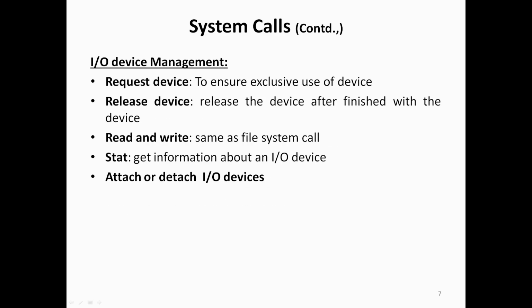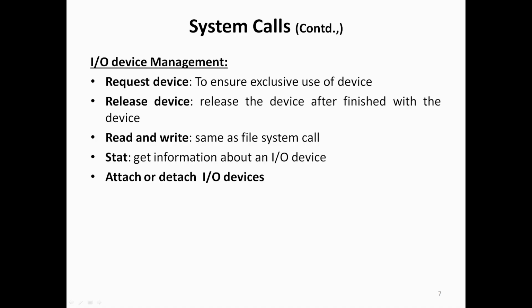Then coming to the IO device management, we are about to use the hardware and the other resources available in the kernel mode, right? So the input output devices also matter here. At that time we need to request a device, attach a device to our process, get the device status information, and read and write from the device. For that purpose these system calls are used.